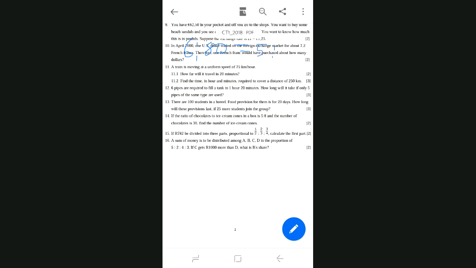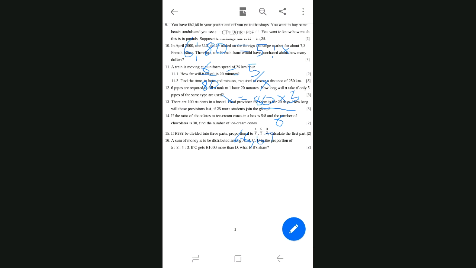It's going to be X. So 6 over 80 equals 5 over X. So X will be 80 times 5 divided by 6. Then we will have 66, yes, this way.